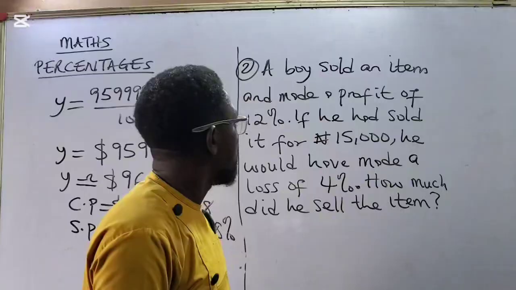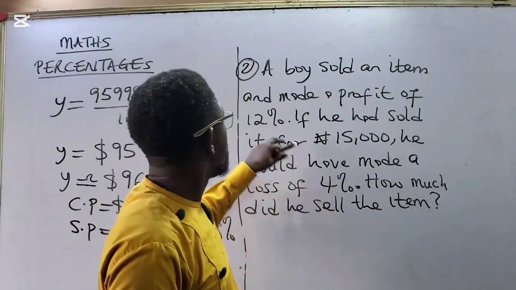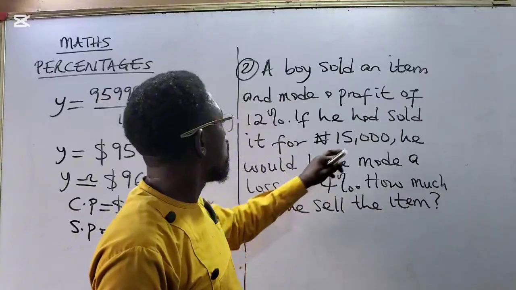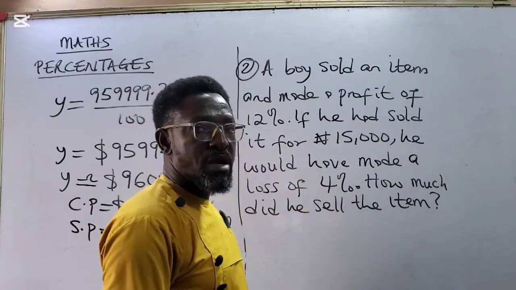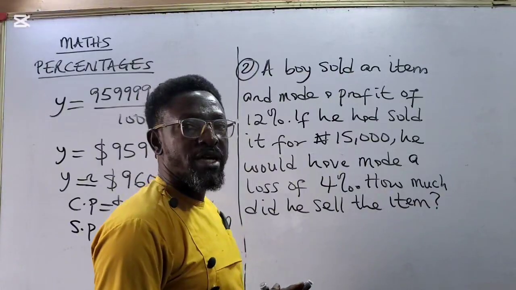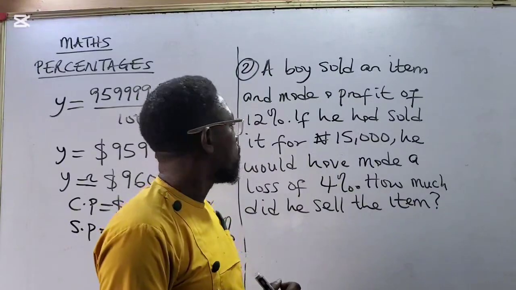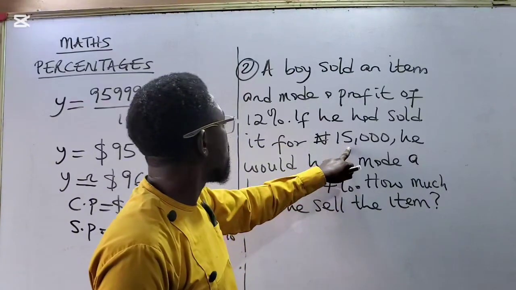Now this one is similar to the last one we did, so it's the same approach except for the fact that this time we made a profit. But if you had sold it for 15,000, we would have made a loss of 4%. So since you were told you made a profit, the first thing that should come to your mind is that what you are looking for will be higher than 15,000.